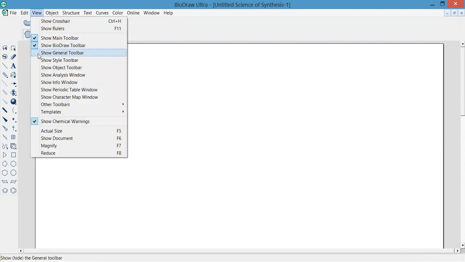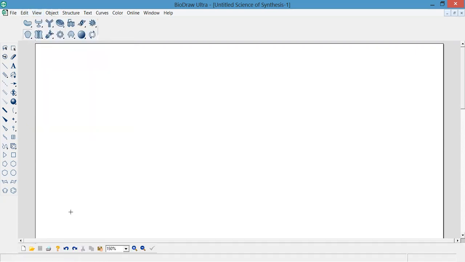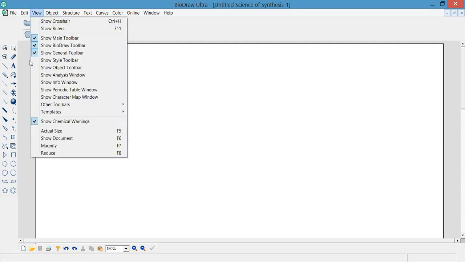Now, next one is the general toolbar. By using this you can rotate the drawn graph to right, left, and magnify the images. Now there is also a style toolbar which represents the style of the text.